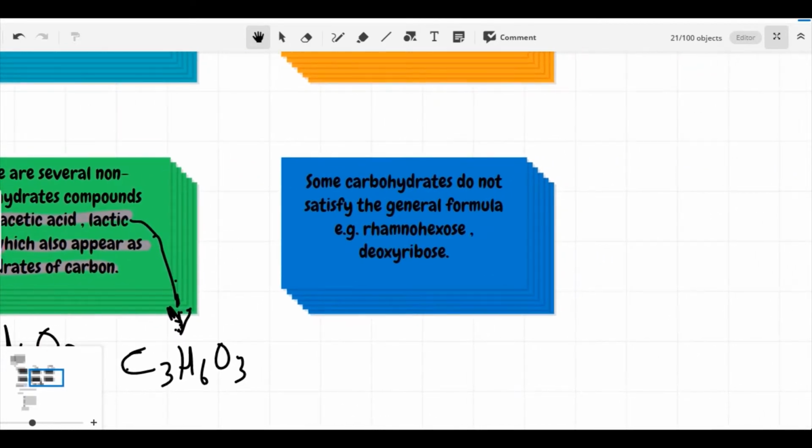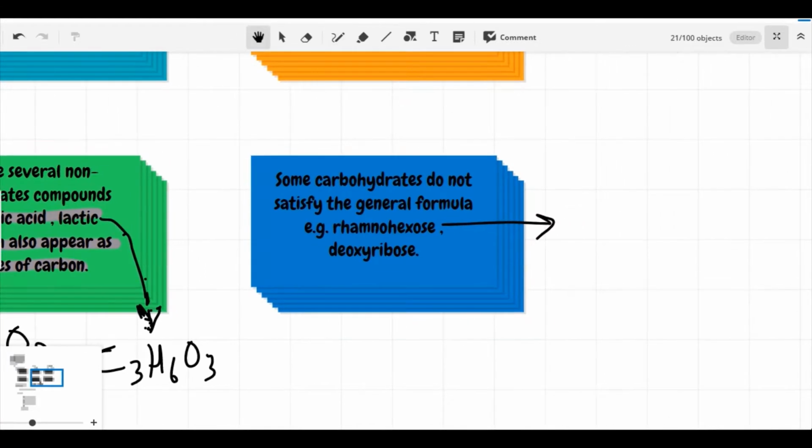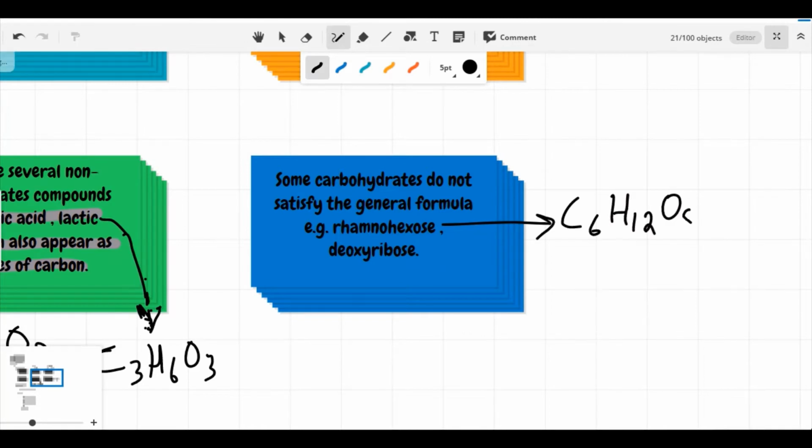For example, rhamnohexose has the formula C6H12O5, so that is not the actual hydrate of carbon formula. And deoxyribose is C5H10O4, which also does not satisfy the general formula.